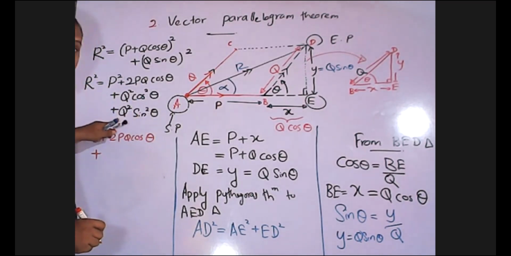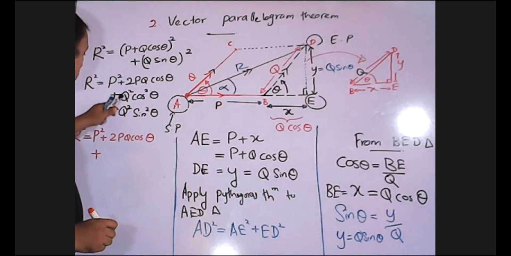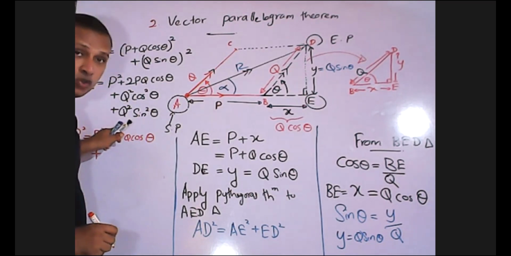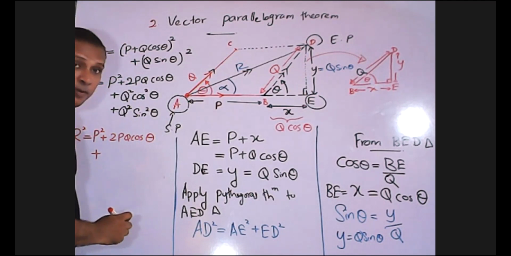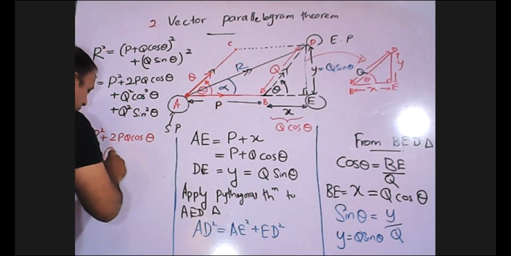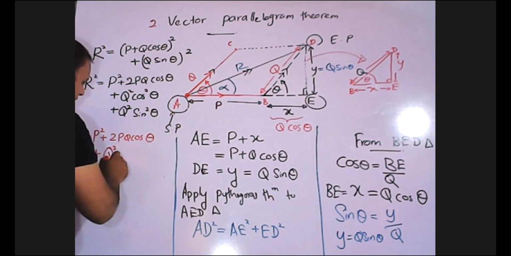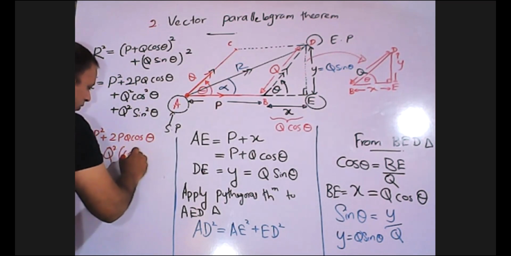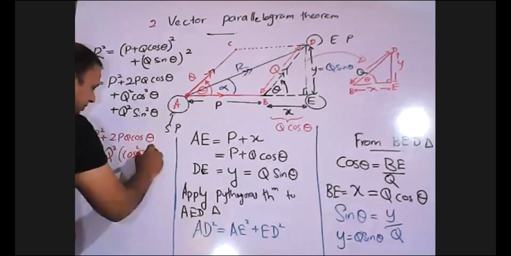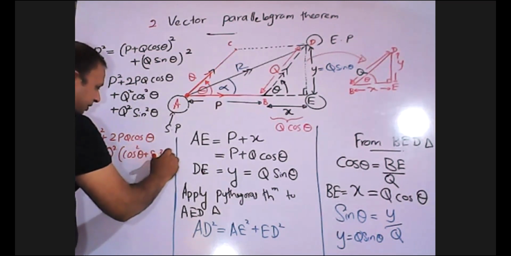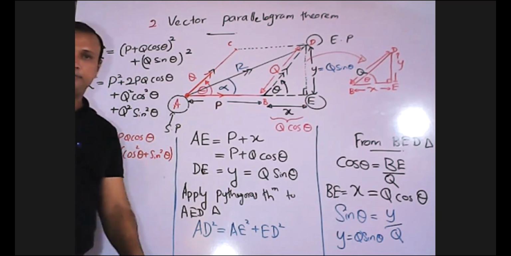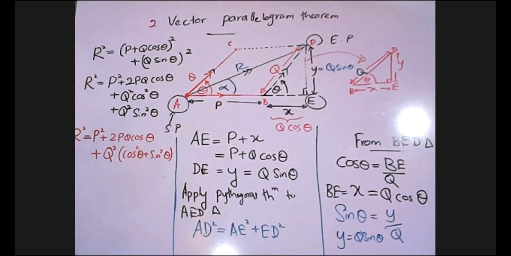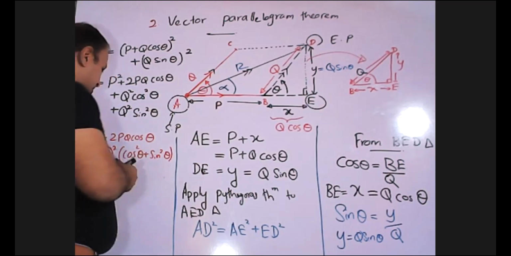Both have Q squared, that means Q squared is a common factor for these two terms. If I take Q squared out, I will have cos squared theta plus sin squared theta.